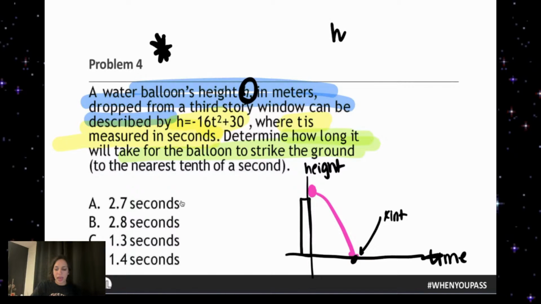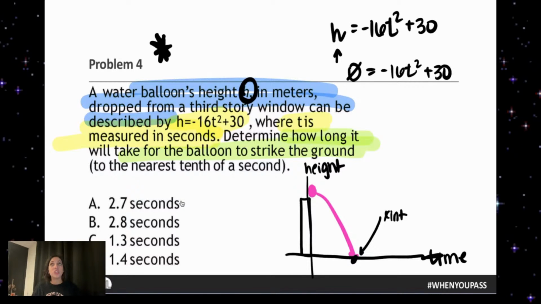Well, if I'm looking for where the water balloon hits the ground, then my height is 0. And I can solve for t, which is time, which is what I'm trying to find, because it says how long. If it's asking how long, I'm looking for t.